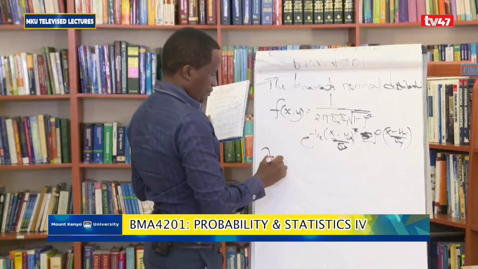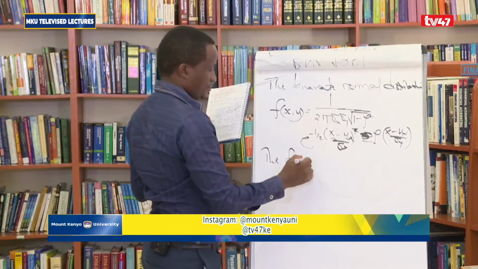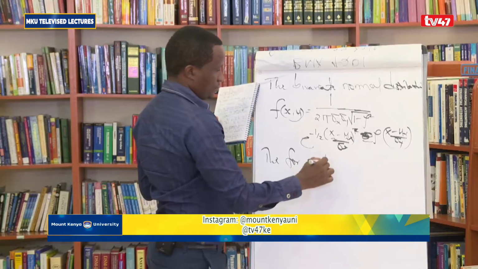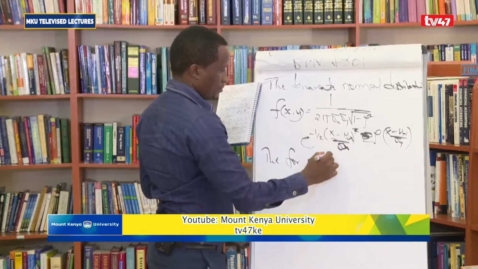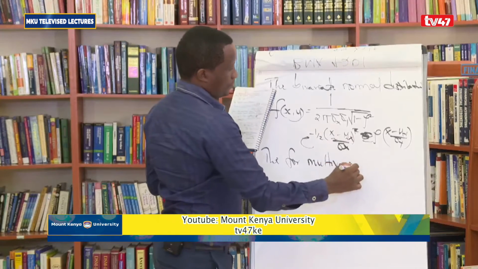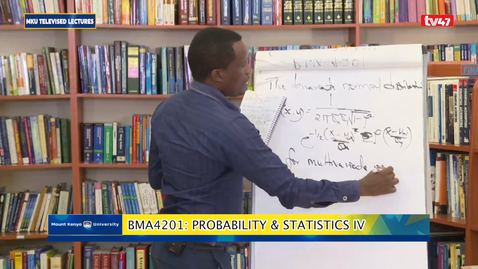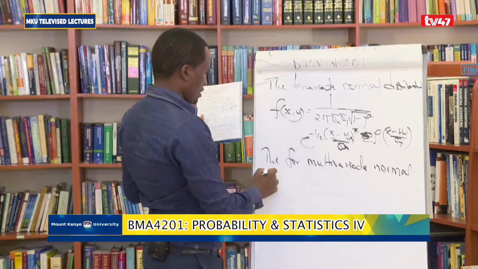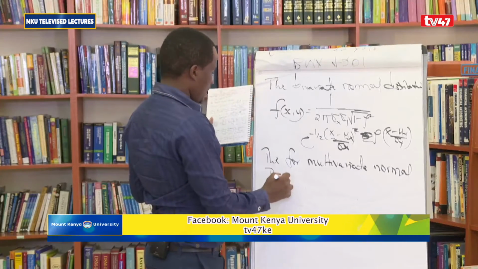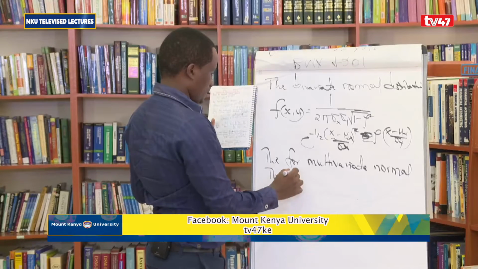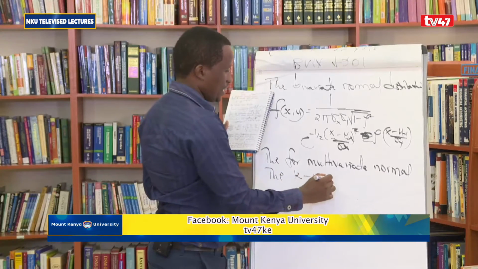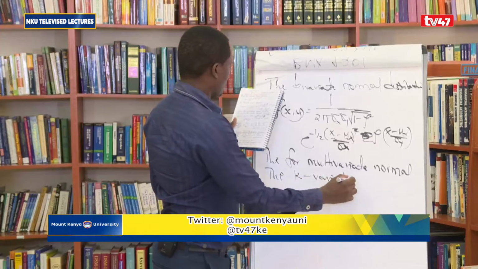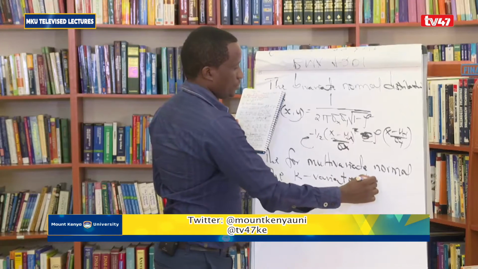Then, for multivariate normal, we have more than two random variables in question. That is the k-variate normal distribution.